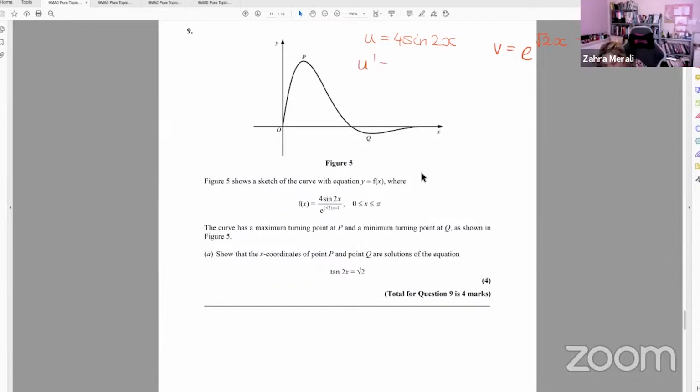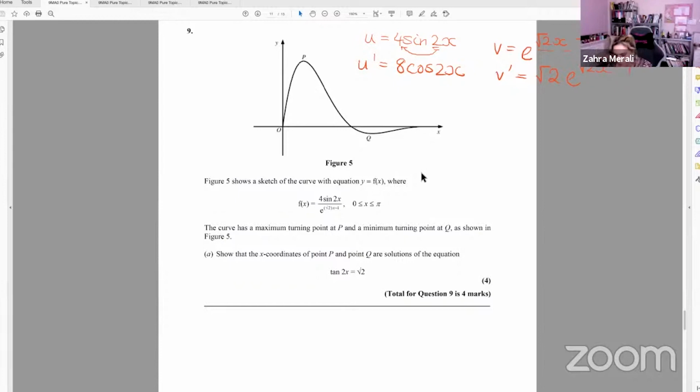So u dash, remember when you differentiate, sine differentiates to cos, but if you've got a number here, that has to be multiplied in the front. So you get 8 cos 2x. Here, you differentiate the power and bring it in front. So the differential of the power is going to give you root 2, e to the root 2x.